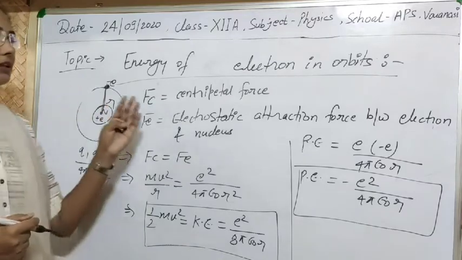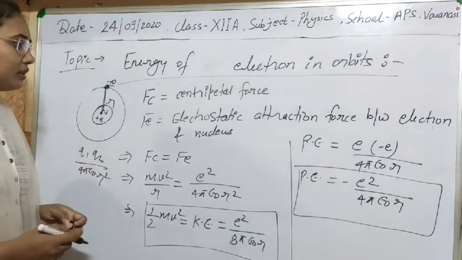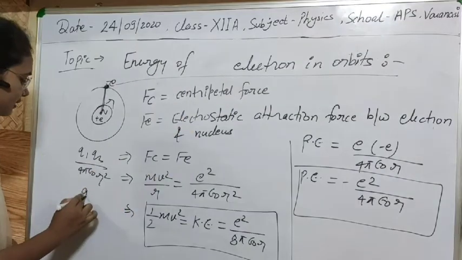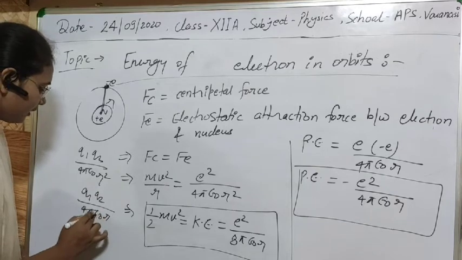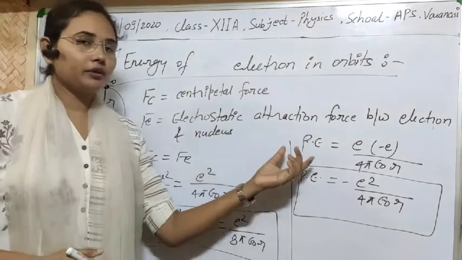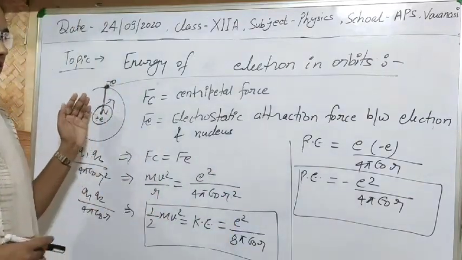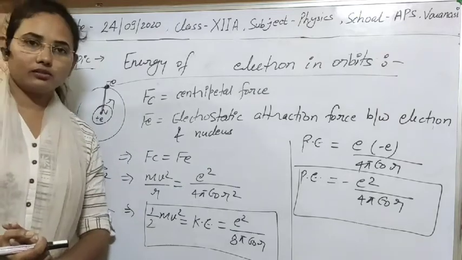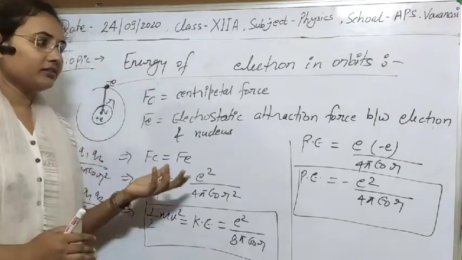Let's see what will be the potential energy possessed by the electron. As you know, the formula for potential energy is Q1 Q2 upon 4 pi epsilon 0 r. In the case of potential energy, we take not only the magnitude but also the sign of the charges, whether they are negative or positive.